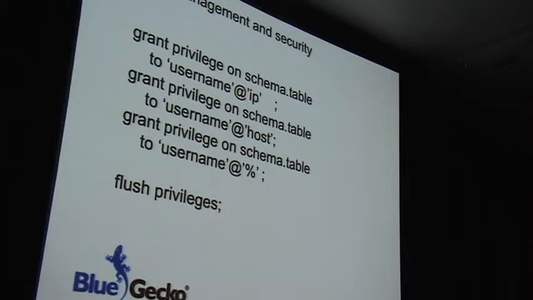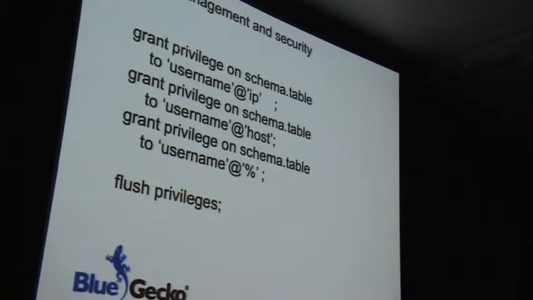So you would grant select to the user Sarah on a particular schema and a particular table, or you would grant select on a schema and a table to the user Sarah coming from localhost. And that's different from the user Sarah coming from a host name. It's also different from the user Sarah coming from anywhere.